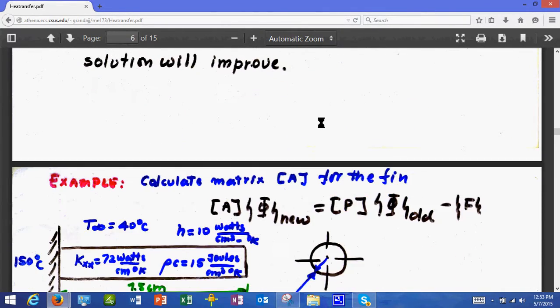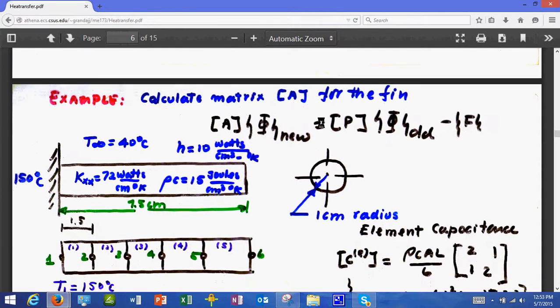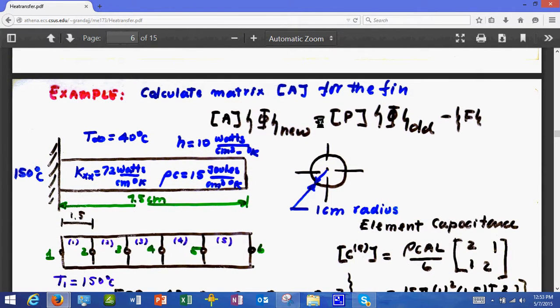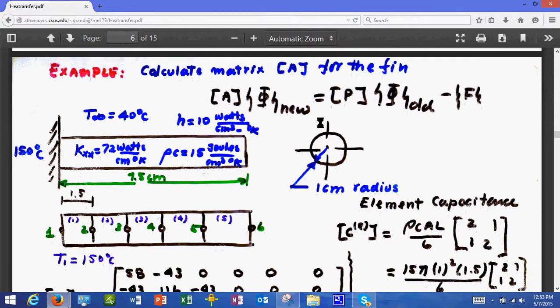Okay. Now here we have another example in here. This is the affine gain, and it has a cross-sectional area like this.